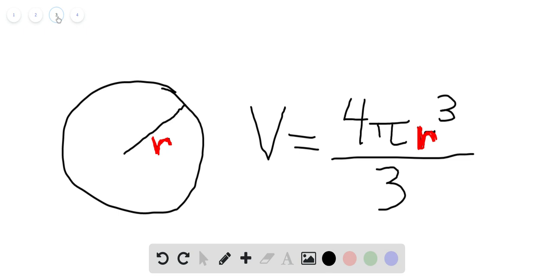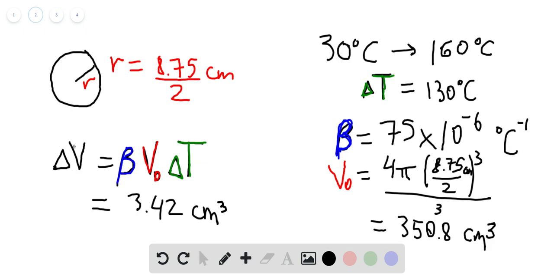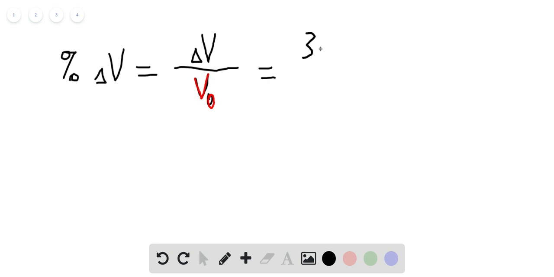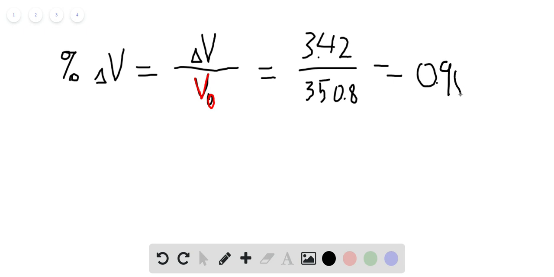And so delta V being 3.42 centimeters cubed and V0 being 350.8 centimeters cubed, what we have here is 0.98%, which is also the answer given by the manual.